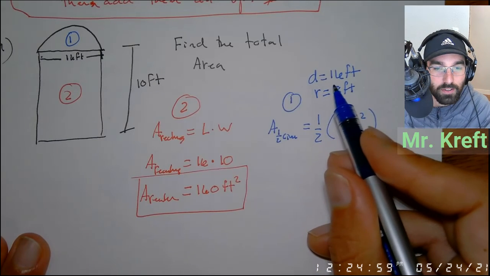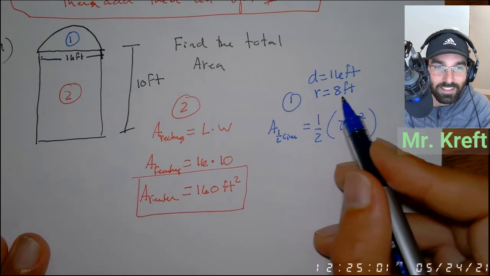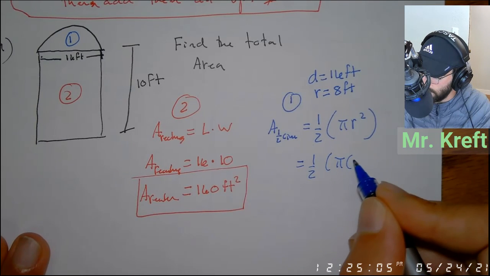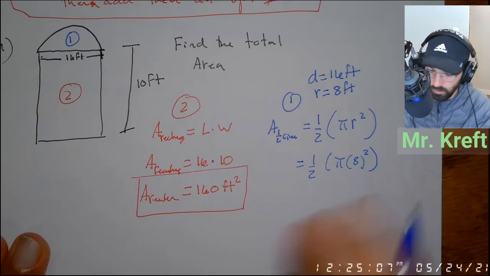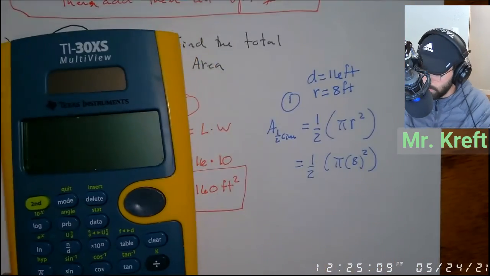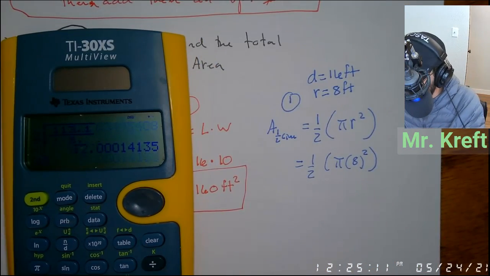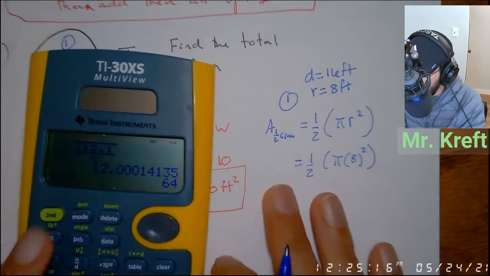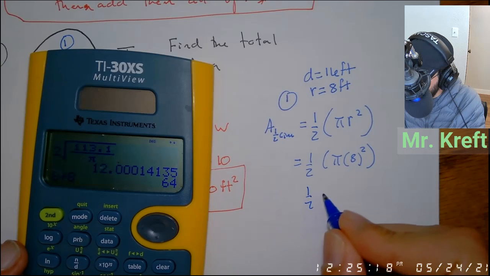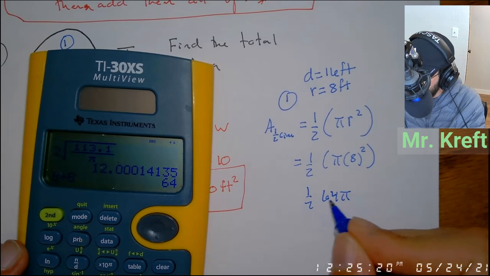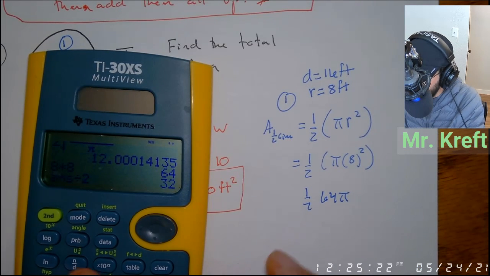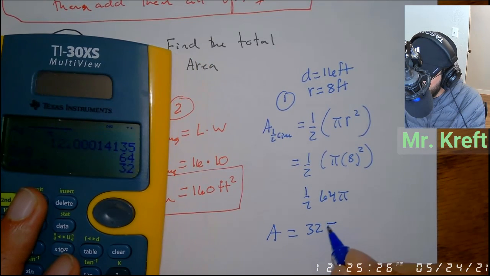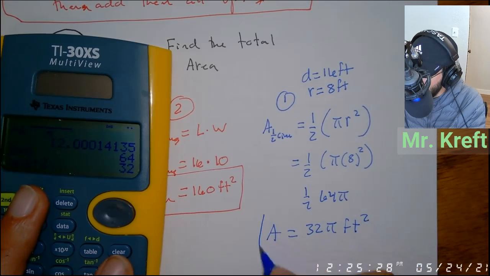If the total diameter is 16, the radius is 8. So I'm going to have 1/2 pi times 8 squared. 8 squared is 8 times 8, which is 64. And then half of that, so this is 1/2 times 64 pi. Half of 64 is 32. So the area equals 32 pi feet squared.